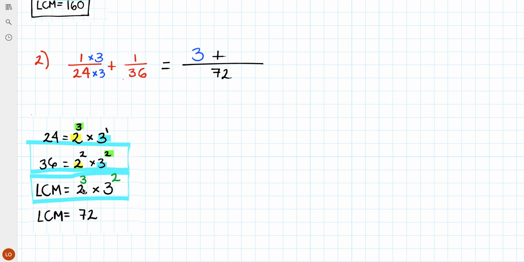So I'm missing one of the 2's. So I have to times by 2. And when we do that, this becomes a 2. And then I have 5 over 72. And voila, girls. It's simplified. I don't have to do anything else.